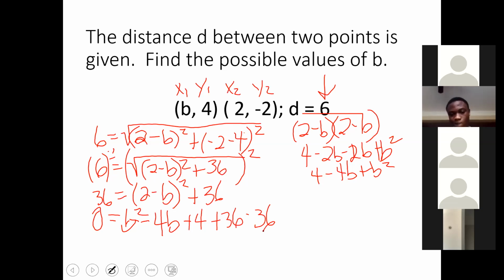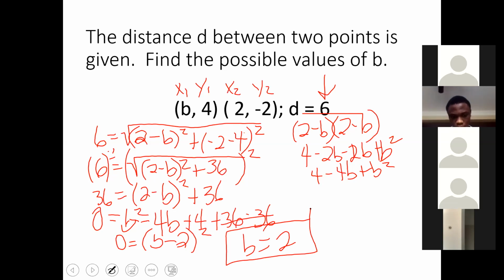Maybe we don't get the same thing. Anyway, these will cancel out. We will rewrite this to be 0 is equal to b squared minus 4b plus 4, which just becomes b minus 2 squared. We take the square root of that. We get b is equal to a positive 2. So it wasn't just like the other one. b is equal to a positive 2.